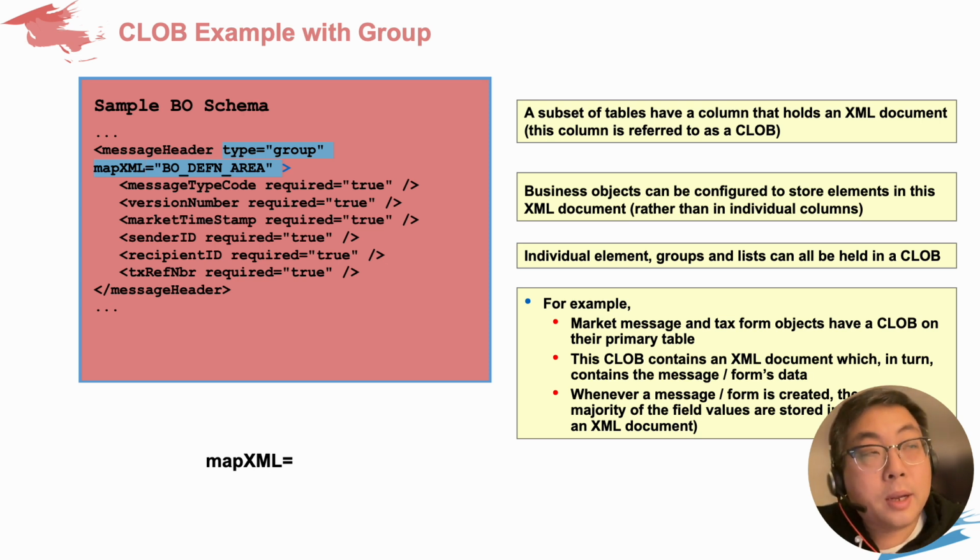There are quite a lot of cases where we have these CLOB columns mapped in different BOs. For example, the most common one is the fact records. So you have a fact data area column. In some of the MDM tables, you would actually have multiple columns mapped to the XML.